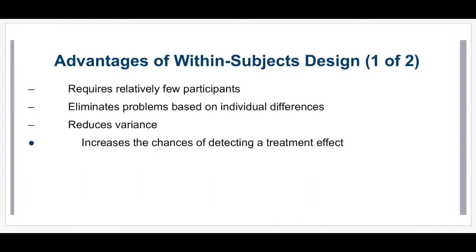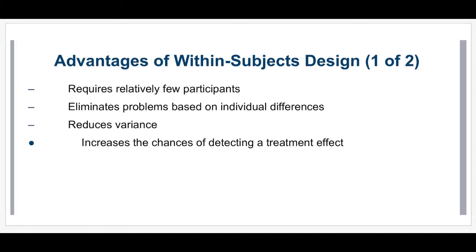So the advantages of the within subjects design is that it requires, again, relatively few participants because they're all experiencing all of the treatments, so you need fewer participants than between subjects. This is especially important if you're studying a group of people that there aren't very many readily available.